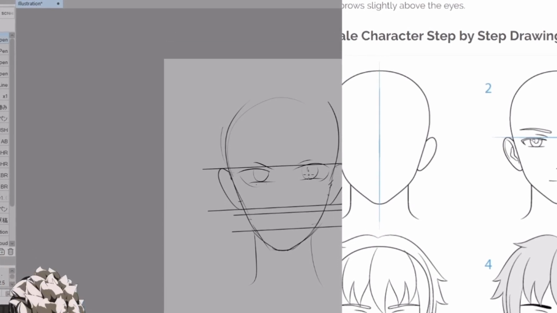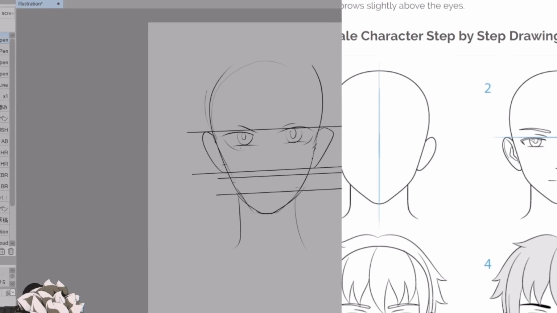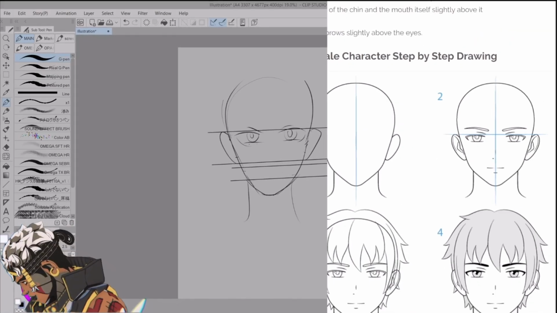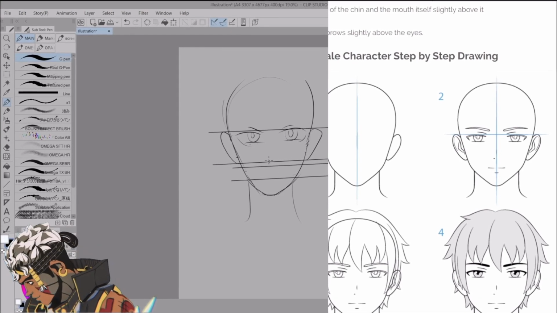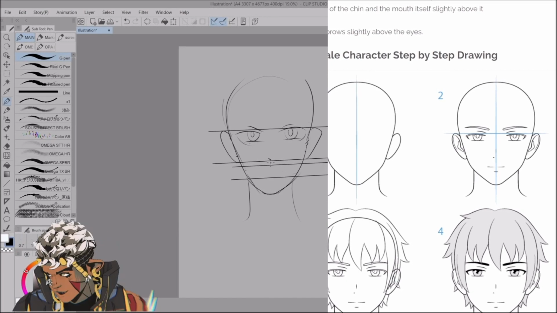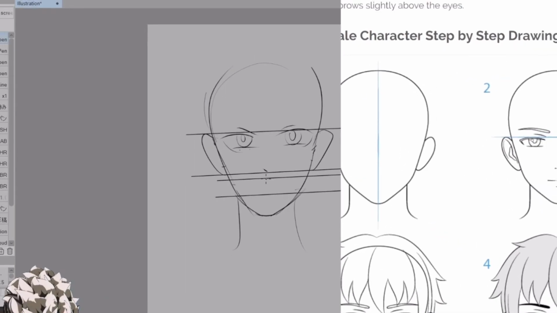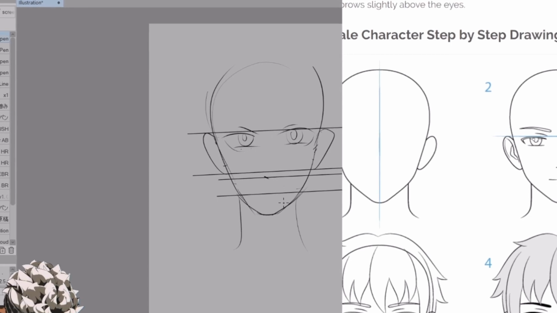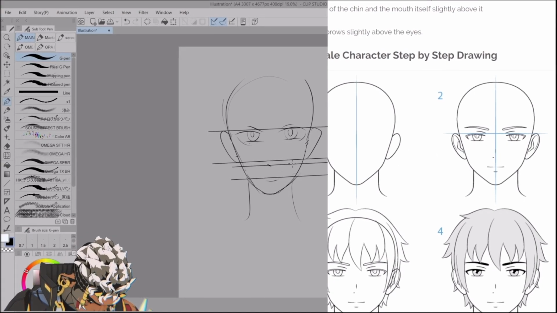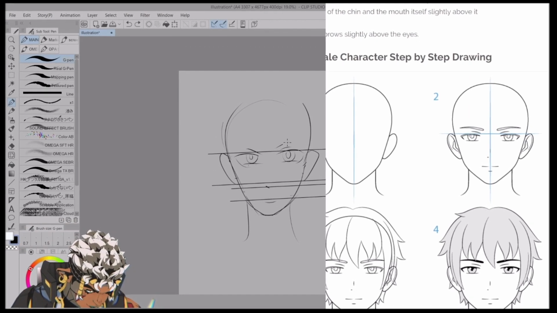Then he has like an iris. Yeah. Nose here, I think. The nose like right here. This is his line. This was the bottom of the nose. Oh, the nose is here. So we got the bottom lip here then. Then he has his brow right here.